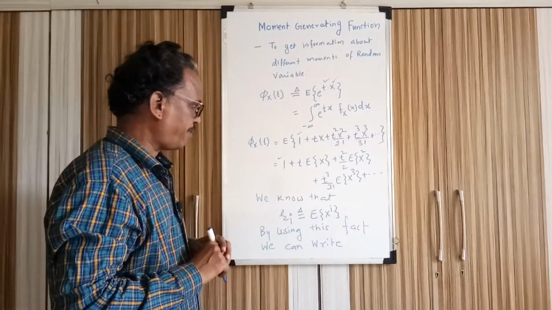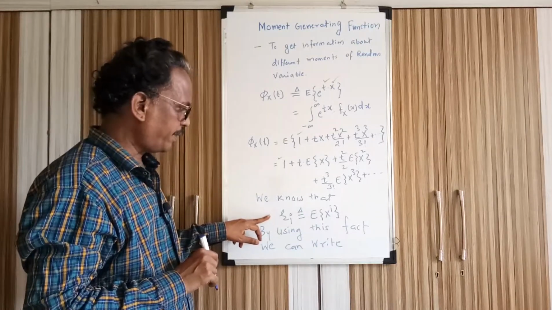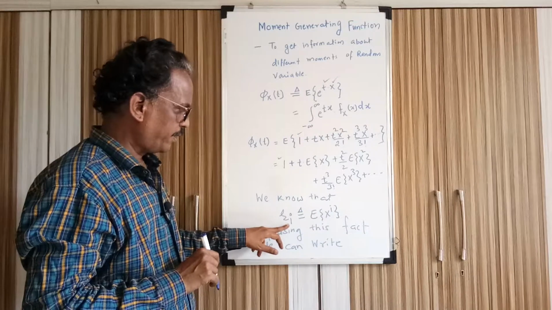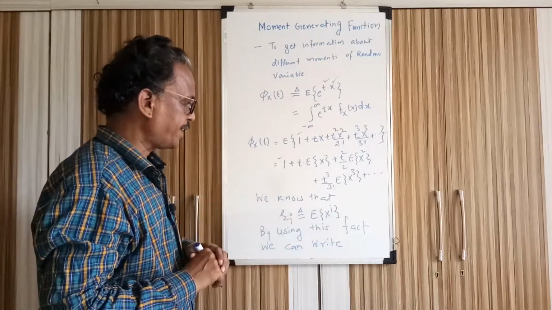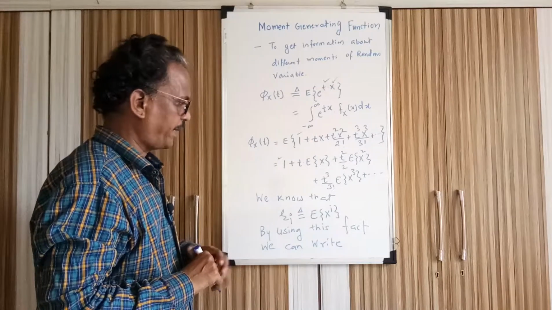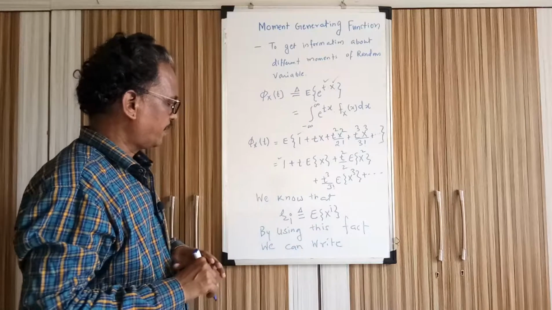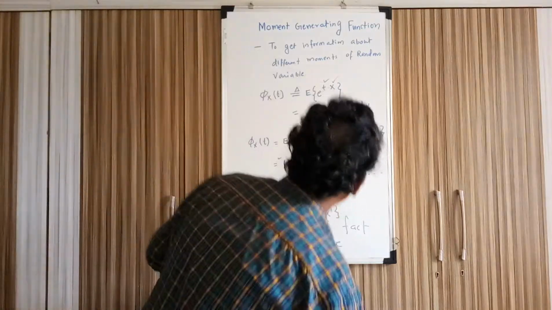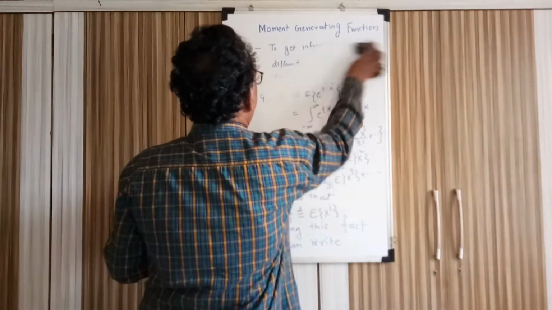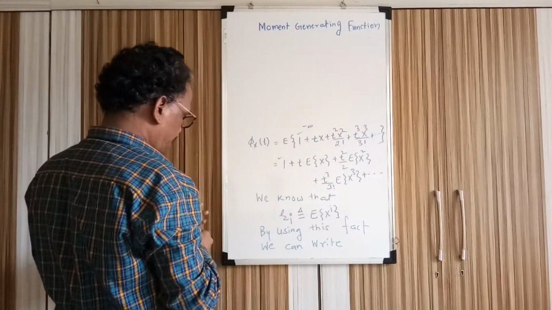We know that we have defined non-central moments. The non-central moment zeta i is equal to expected value of x raised to i. It is the ith order non-central moment. Using this fact, by using this definition, the equation is modified and we get the equation in terms of non-central moments.